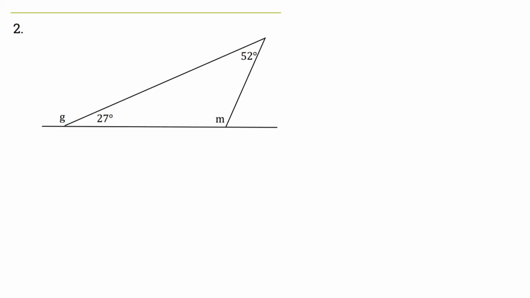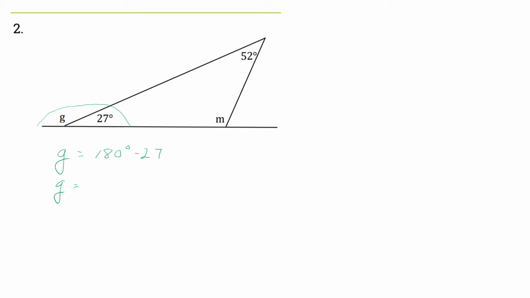Okay, here's number 2. All right, what do we know about this one here? So G's going to equal, whoopsie, watch your P's and G's. G's going to equal 180 minus that 27. You could plug your answer in Schoology, see if you got it right.